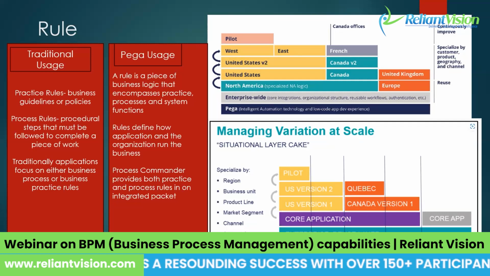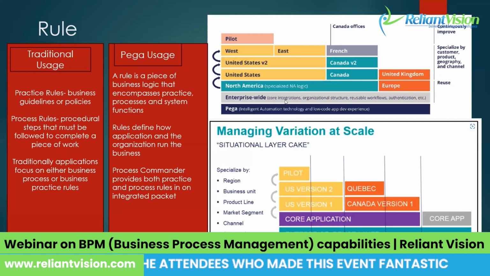Whatever rules and engine rules there are, everything will be in this layer. Most of the rules will be final, which means we can't update them, but the ones that are available, we can update. On top of the Pega layer, the enterprise layer comes. It holds core integrations and organization structure, like the organization name, division, and unit.